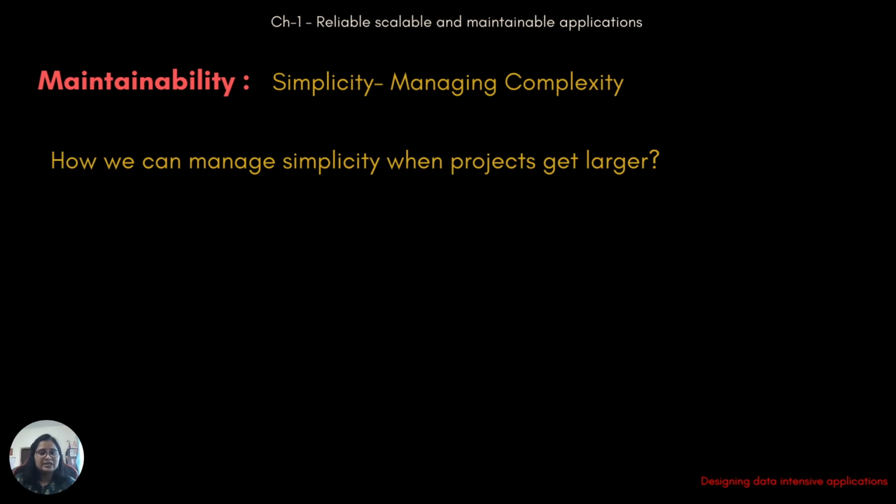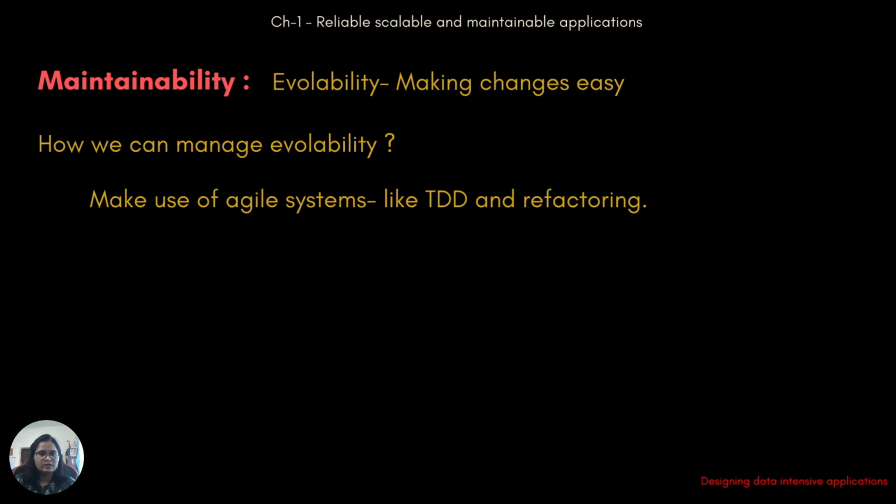SQL is a great abstraction that hides complex on-disk and in-memory data structures, concurrent requests from other clients, and inconsistencies after crashes happen. Third point is evolvability, making changes easy. How can we manage evolvability? Make use of agile practices like test-driven development and refactoring.